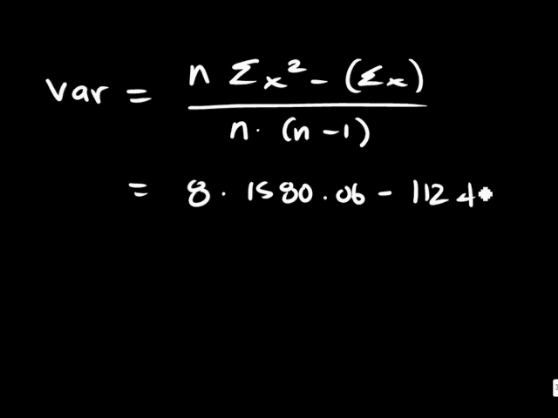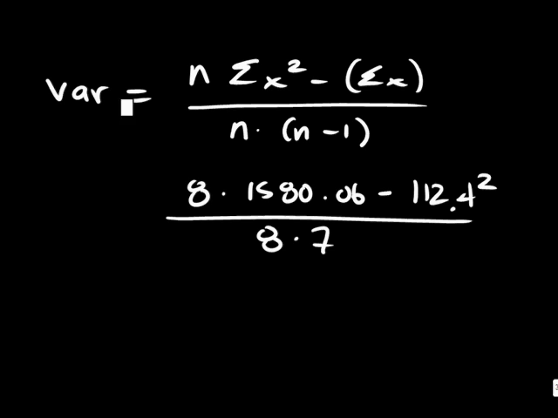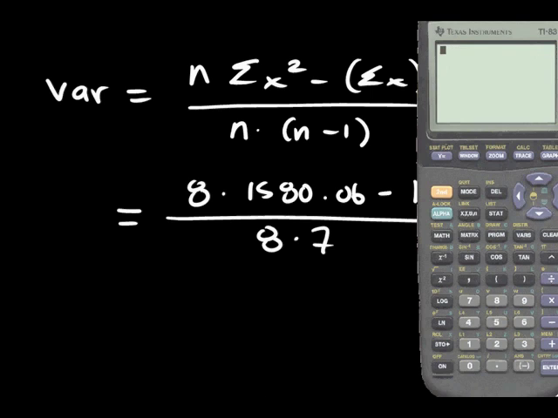This will give us a variance. Use parentheses here for the numerator again. 8 times 1580.06 minus 112.4 squared, close your parentheses, divided by 8 times 7.